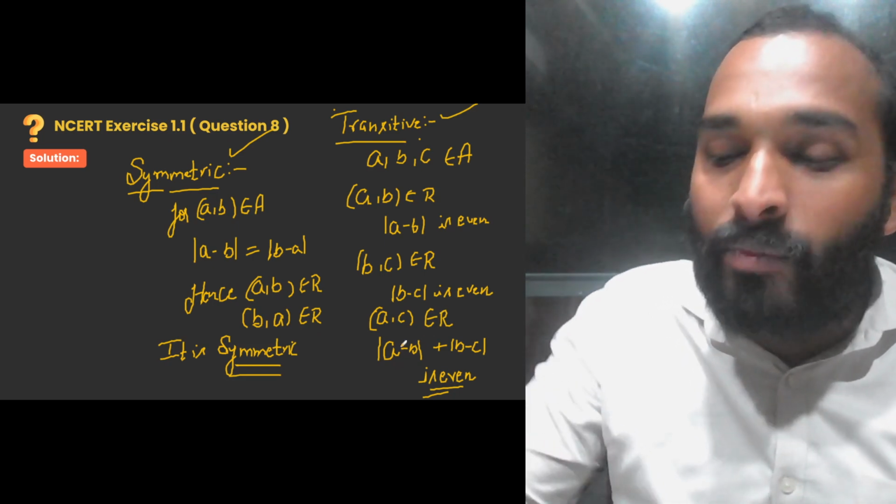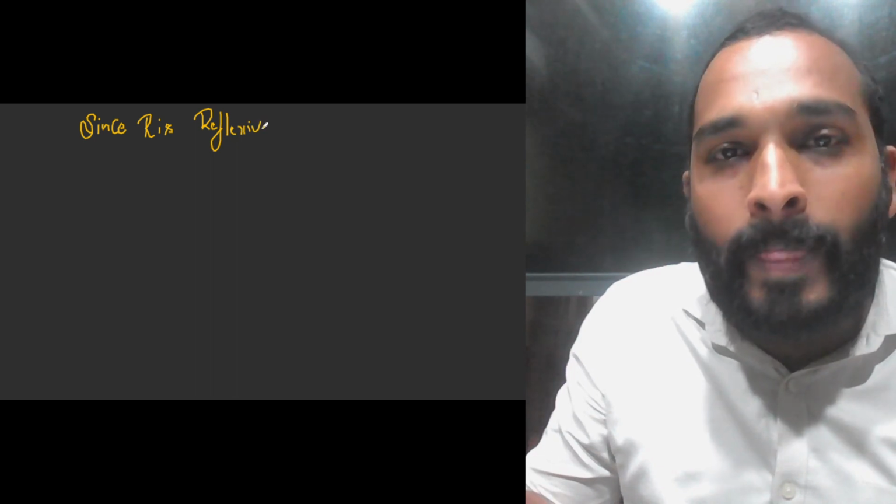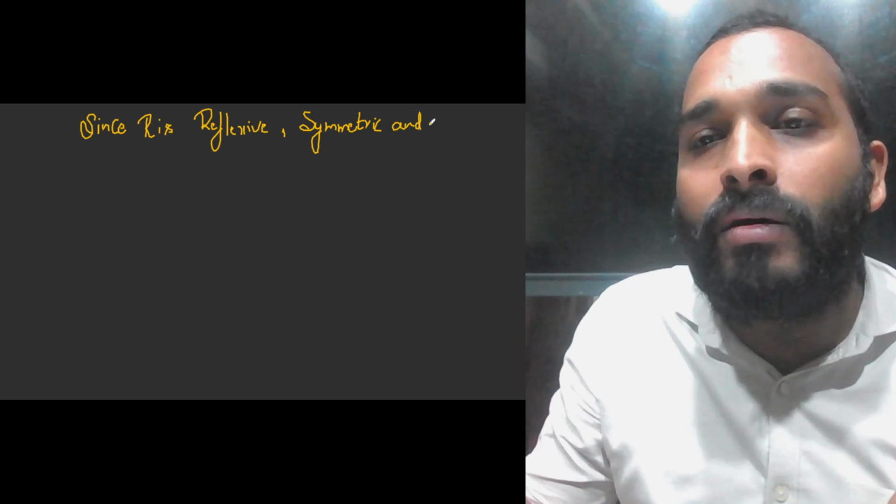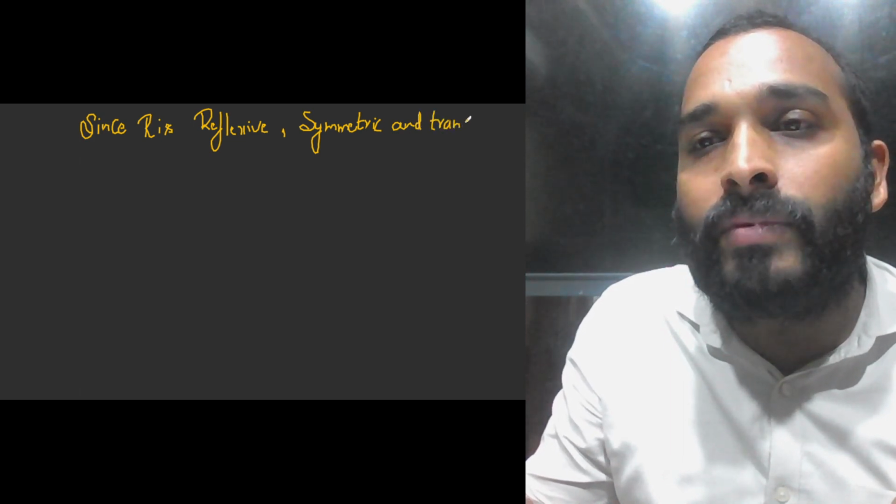So it can also be called, since R is reflexive, yes, it is reflexive, symmetric, it is symmetric, right, children? Because we know modulus of difference will give you the same value, A minus B and B minus A, and transitive.